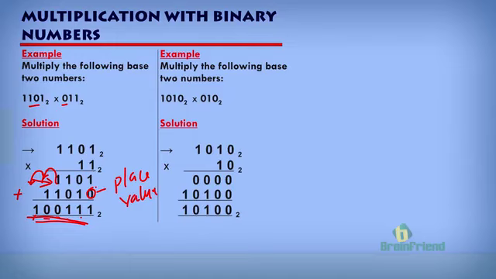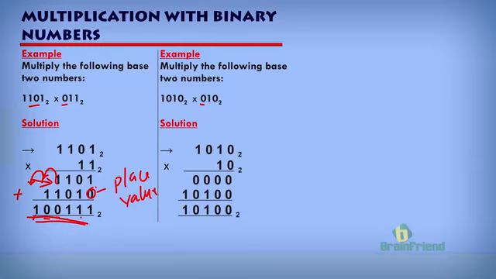Now let's take another example. Multiply the following base 2 numbers. 1011 base 2 times 010 base 2. So we arrange that. Again, our 0 here, in our calculation, may not necessarily be written down, as it will not be of much effect in the calculation.